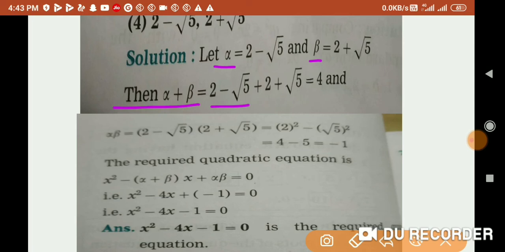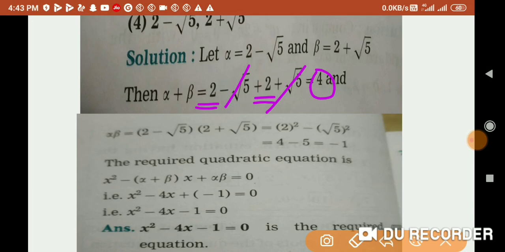Value of beta is 2 plus root 5. Now see here we can write 2 minus root 5 plus 2 plus root 5. Now see, this plus root 5 and minus root 5 get cancelled and we get the value of alpha plus beta, that means 2 plus 2 is equal to 4.